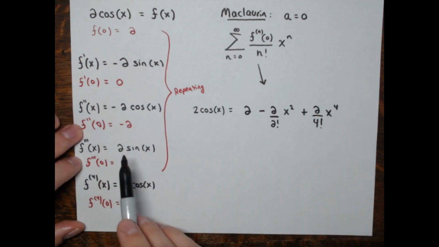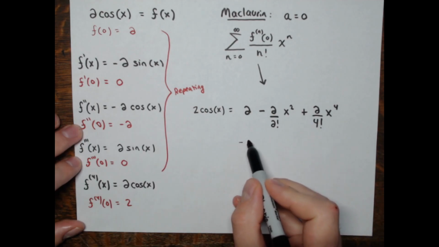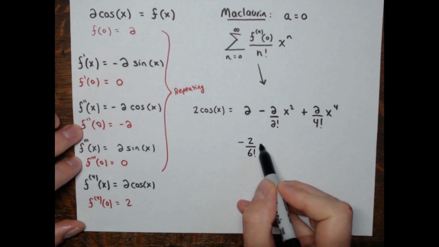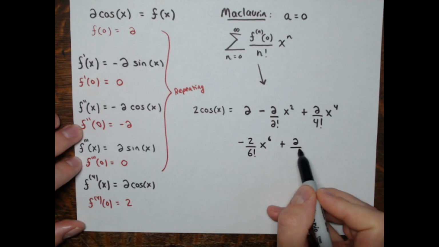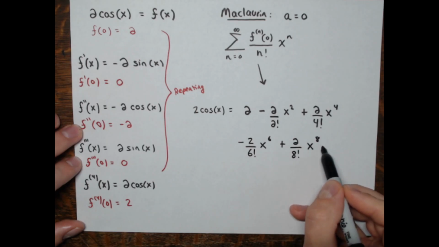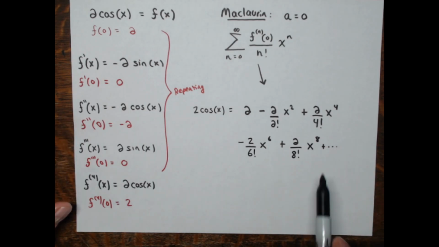Again, all the odd powers would have a coefficient of 0. So we'd have minus 2 over 6 factorial times x to the sixth, plus 2 over 8 factorial times x to the eighth, and so on. And hopefully you get enough out here where you see a generalization.